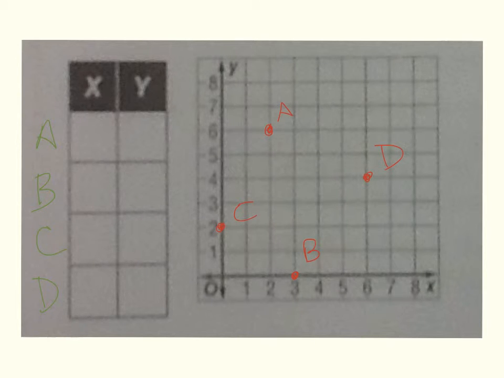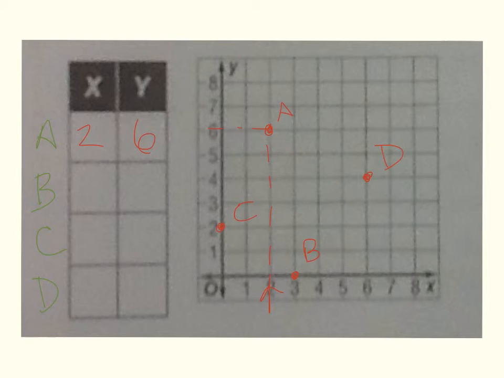Okay, hopefully when you did this you found that A was in fact 2, 6, and the reason for that is that on the x-axis A falls along the 2, and on the y-axis, A falls along 6.